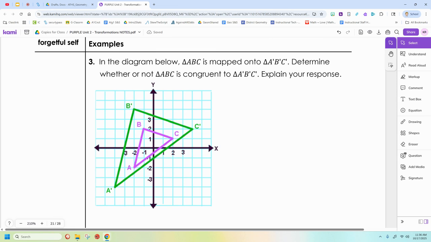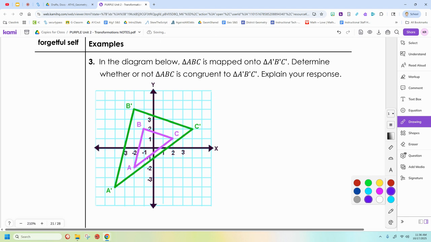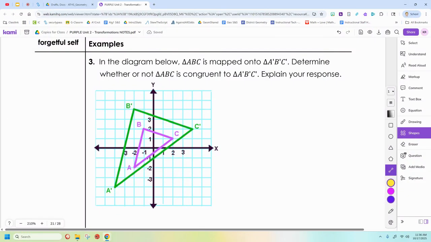Dilation. Okay, so let's analyze the dilation. Does it look like if I were to connect the lines back, we would start at the origin? No? Well, if we want to check, we would just take our straight edge and do some really light lines. I'm going to do them in a light yellow, and I'm just going to do 2 sets. Maybe.